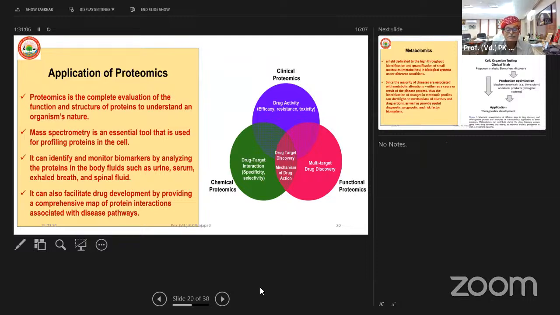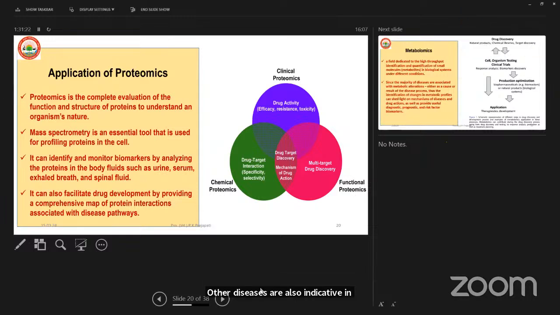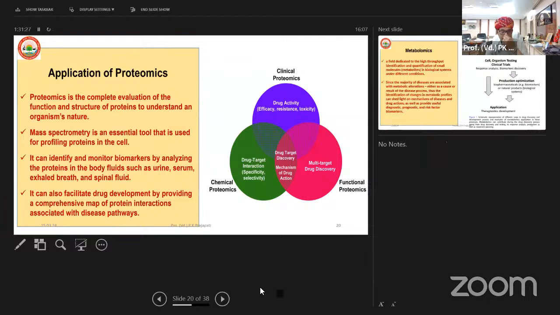On that basis, modern scientists nowadays are searching for that. If we analyze the saliva, then we can focus on breast cancer, mouth cancer, and other diseases are also indicative on the basis of the protein.